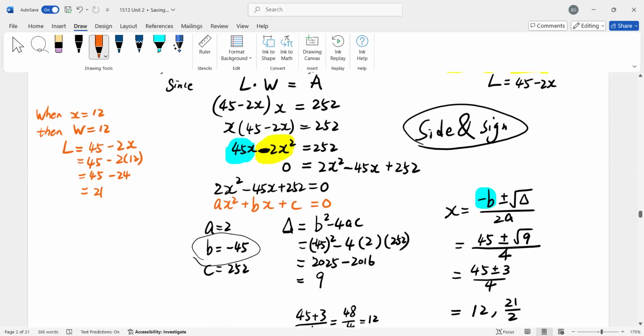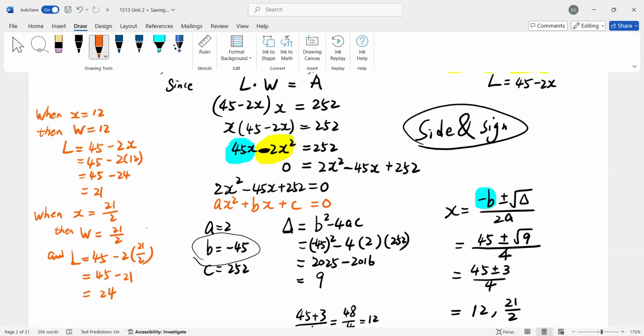What if x equals 21/2? We got the second solution earlier, right? When x equals 21/2, the width is 21/2, and the length is 45 minus 2 times x. We replace x with 21/2: 45 minus twice half of 21, which is just 21. And 45 minus 21 gives us 24.